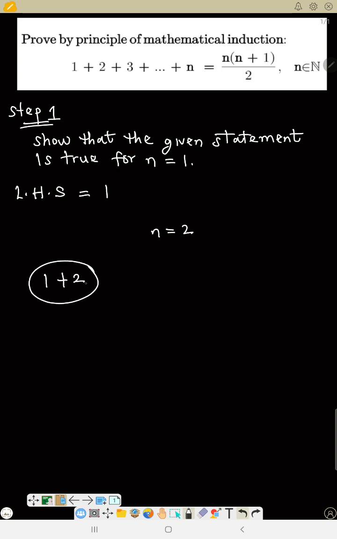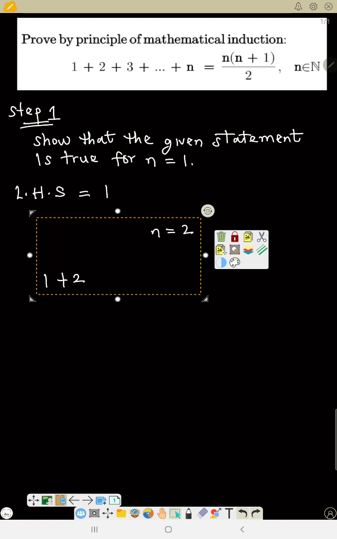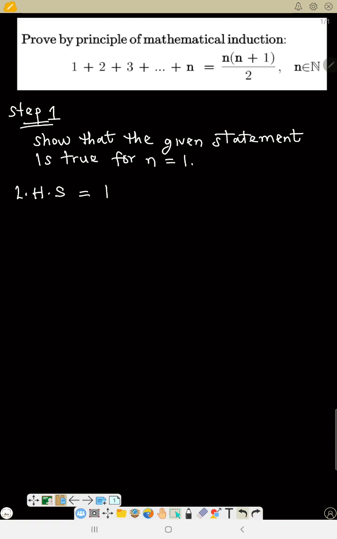I've explained this in the introductory parts. But for mathematical induction, we test with the first number most of the time. So that means the first number is 1. So that is n equals 1, left hand side.